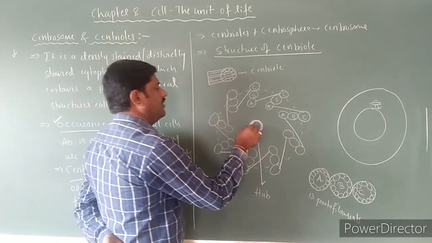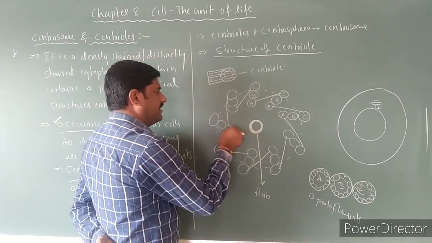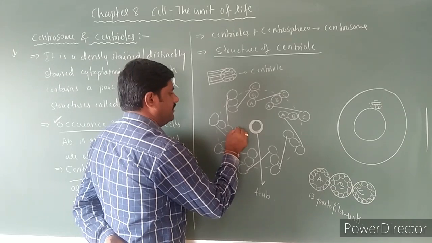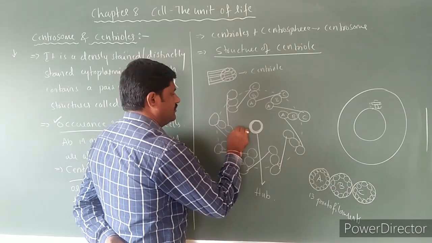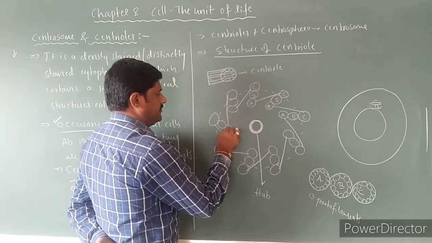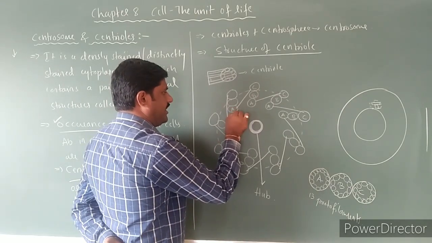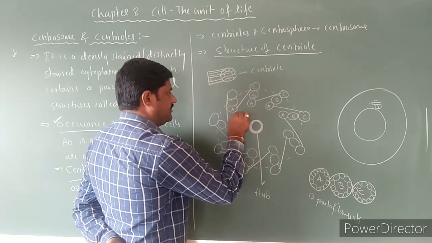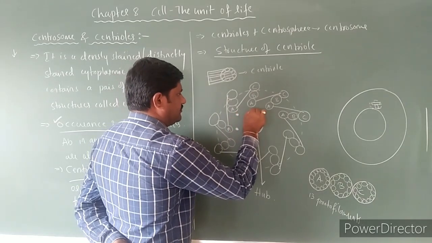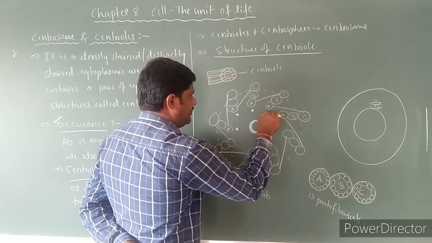To this hub, all these are interconnected with the help of a thickening which is lying near the A. This is A; nearer to A there is a thickening. This is also A, and nearer to that there is a thickening.